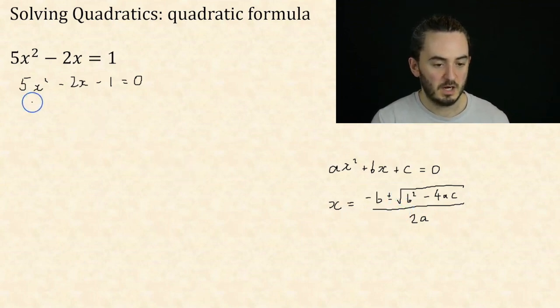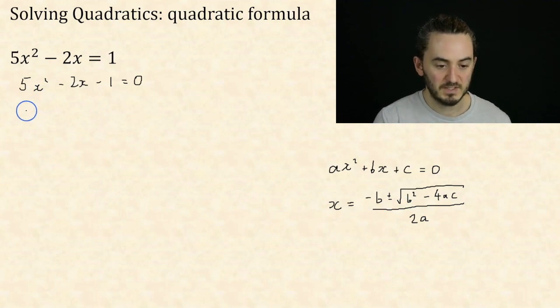I encourage you to list out explicitly what your a, b, and c terms are. a is the coefficient of x squared, so that's 5. b is negative 2 for us, that's the coefficient of x, and c is our constant, which is negative 1.